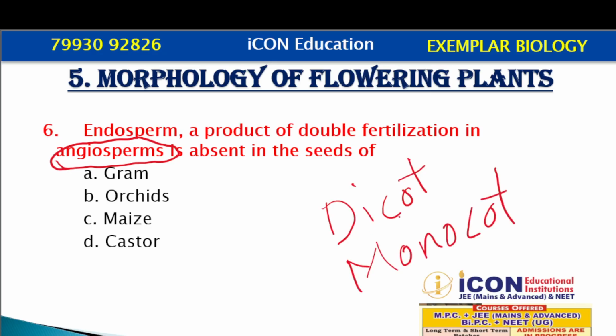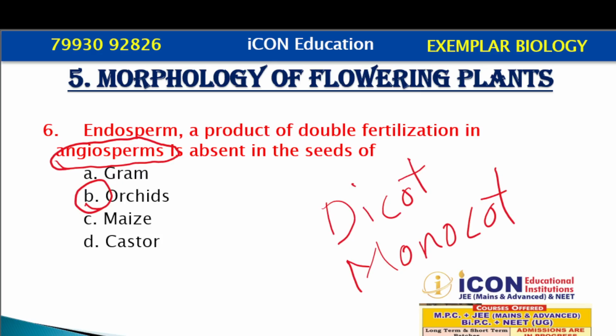So students, the question is, endosperm is a product of double fertilization in angiosperm and it is absent in the seeds of orchids.